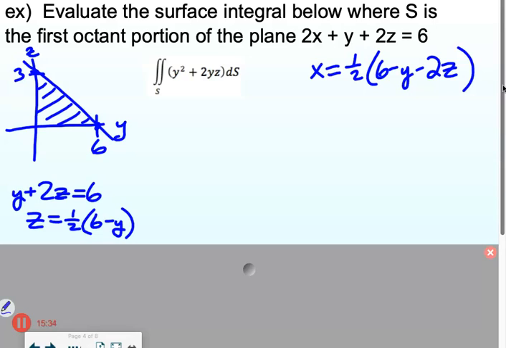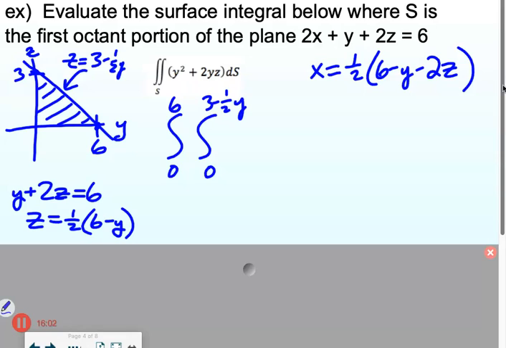So when we set up our integral, we're going to have a dy dz, or dz dy, it really doesn't matter. Since it's solved for z, 3 minus 1/2 y, my z's go from 0 to 3 minus 1/2 y, and my y's go from 0 to 6 to produce my triangle.